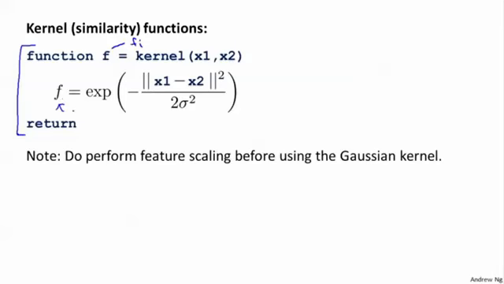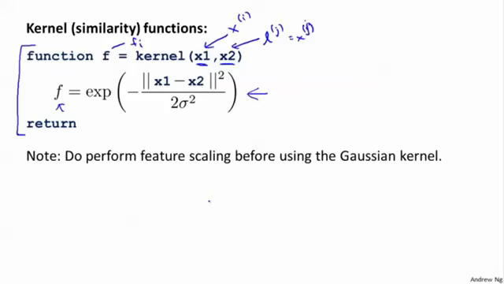So maybe this is better written fi. But what you need to do is write a kernel function that takes as input a training example or a test example, whatever, some vector x, and one of the landmarks. I'm calling them x1 and x2 here because the landmarks are really training examples as well. But what you need to do is write software that takes as input x1, x2, and computes this sort of similarity function between them and returns a real number.